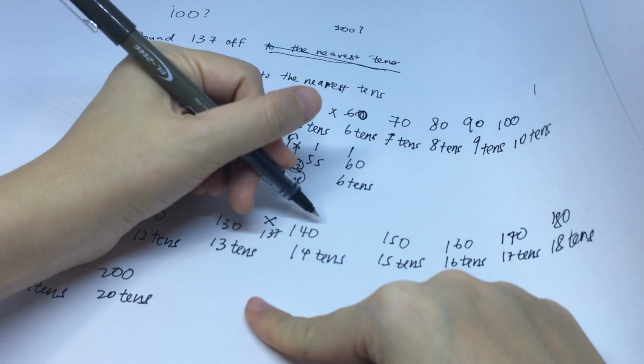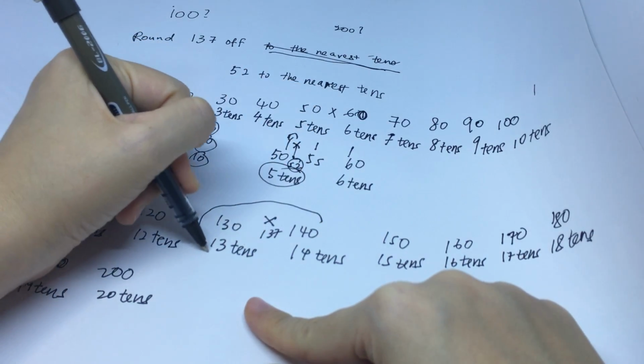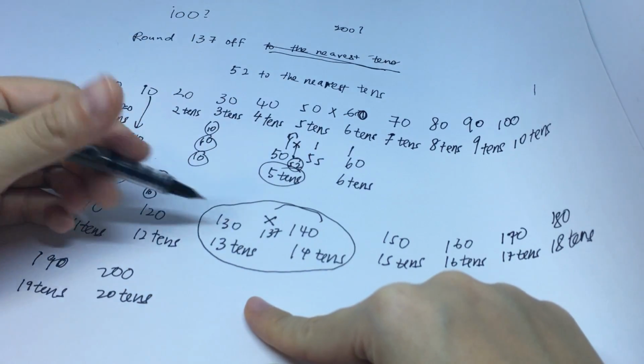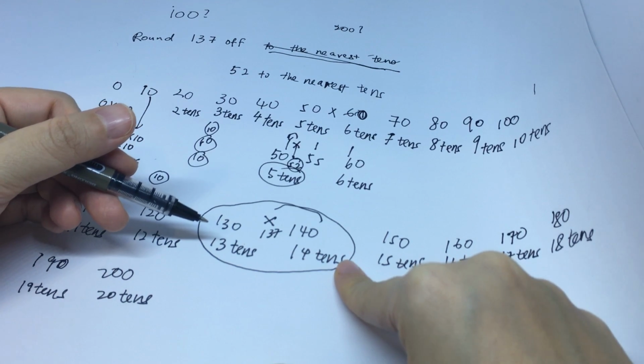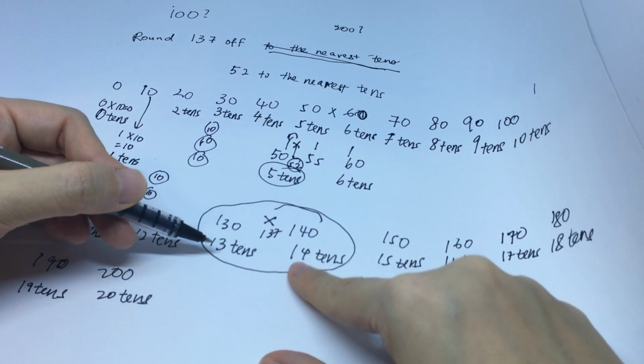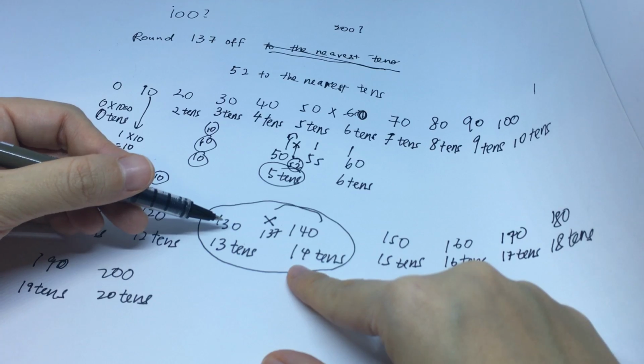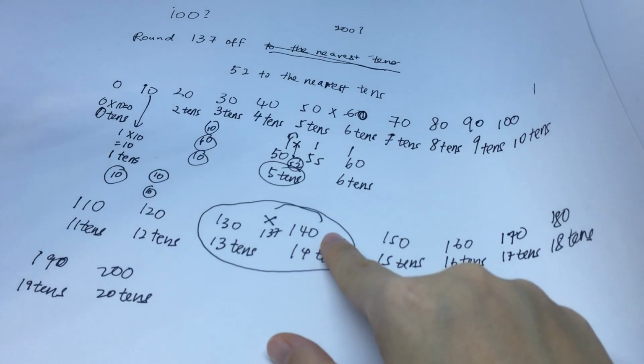Therefore, if I were to round it off to the nearest tens, it's either 13 tens or 14 tens because it's in between 130 and 140.